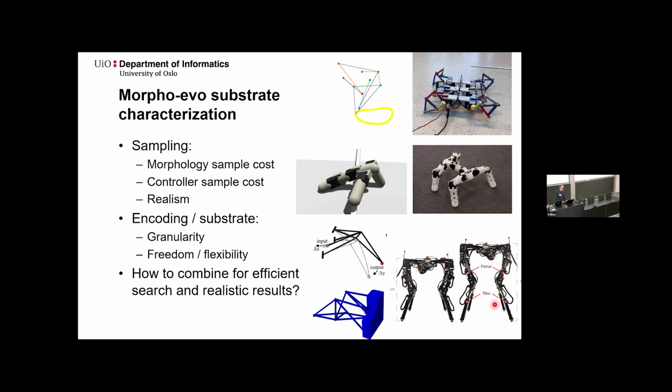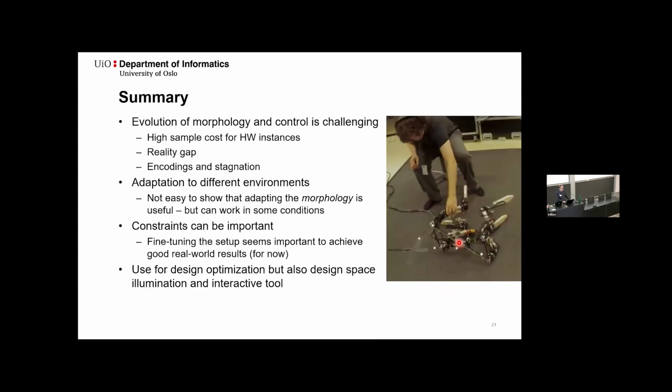And in the case of the reconfigurable robot, it's rather quickly done. But of course, it comes at the cost of having a very constrained morphology variation. So there are some trade-offs here in terms of flexibility and granularity. Of course, modular robots, I haven't touched that here, but that's another niche of flexibility in this case. So one has to consider how to get the right combination for your application.